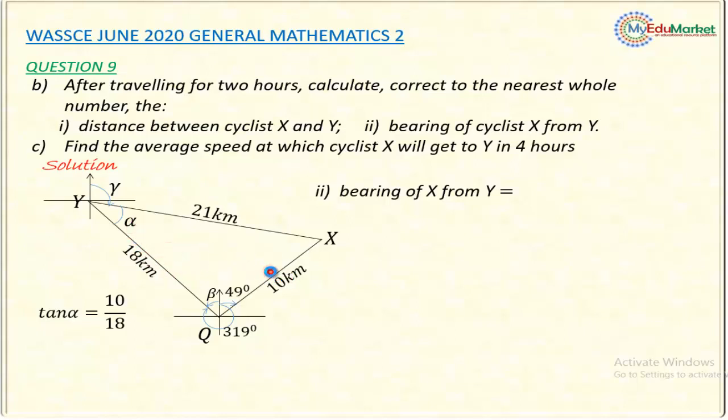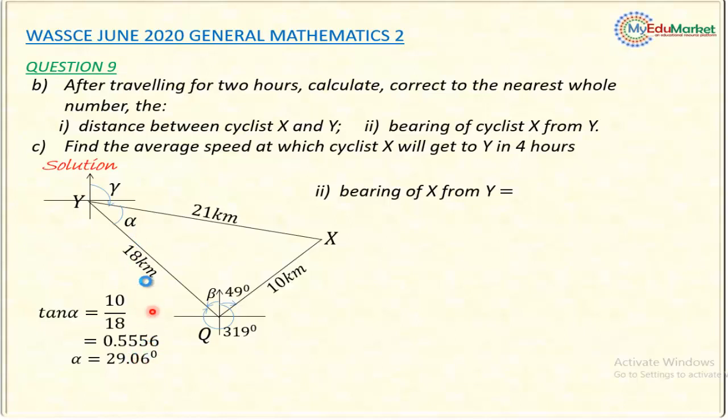Opposite to alpha is 10, adjacent to alpha is 18. So tan alpha is 10 over 18, and alpha is tan inverse of 0.5556, which is 10 divided by 18. Tan inverse of that is 29.06 degrees. So the angle alpha is now 29.06 degrees.